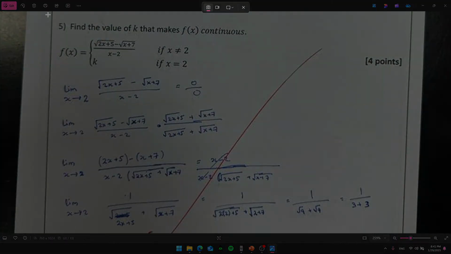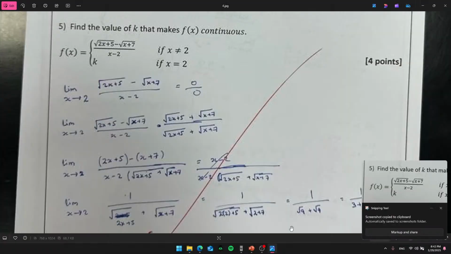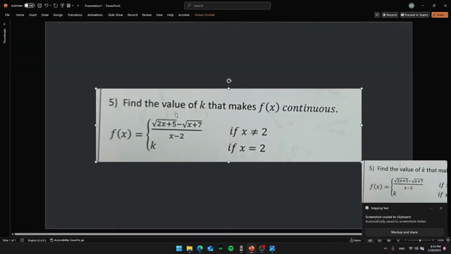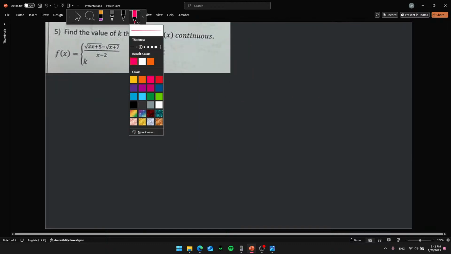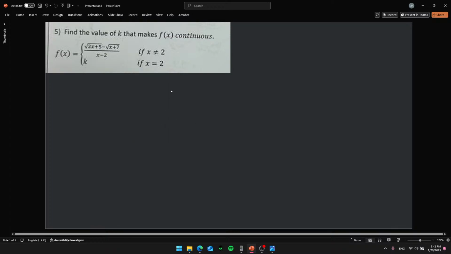Find the value of k that makes f of x continuous. Easy, easy peasy. It's mentioned that f of x is continuous. Whenever a function is continuous, the limit as x approaches a of f of x from the right will equal the limit as x approaches a from the left of f of x, and these should equal f of a.